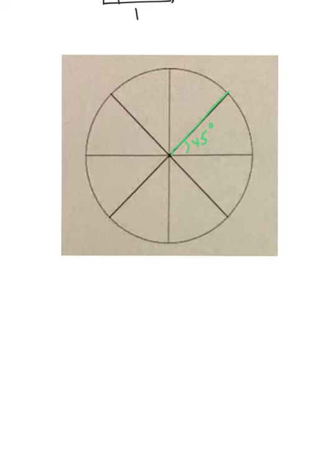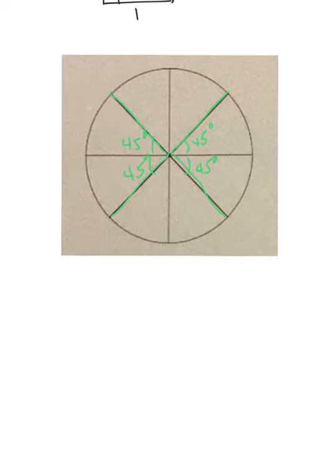In quadrant 2, if we look at where this line is located halfway through the quadrant, then our reference angle must be 45 degrees. Quadrant 3, our reference angle again, 45 degrees. And then over here in quadrant 4, the reference angle is 45 degrees.